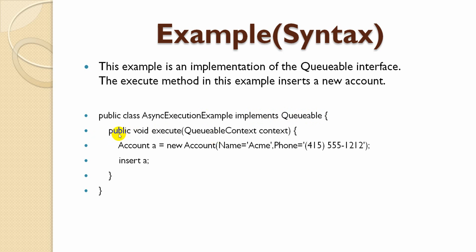And then we write a public void execute method. We don't have start and finish, we only have the execute method, with QueueableContext and a context variable. Then, if you want to add an account, just insert it.